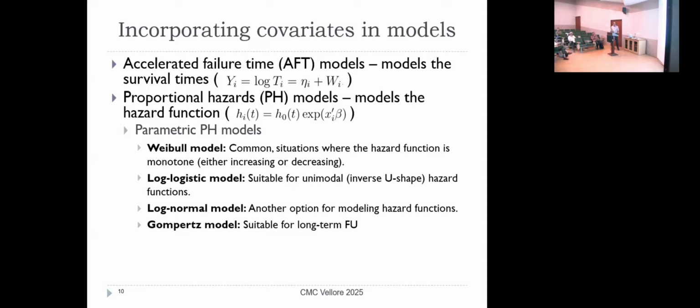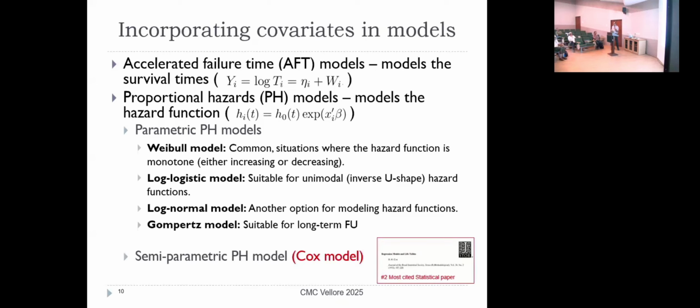But you have the log logistic for unimodal hazard functions. You have the log normal. And for long-term follow-up, you have the Gompertz models. These are a little bit more complicated. Most standard software will have it, but many people don't know that they're there. It's also harder to explain because it's not very common. So most people don't use it.